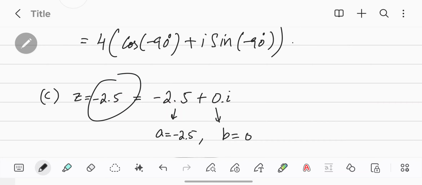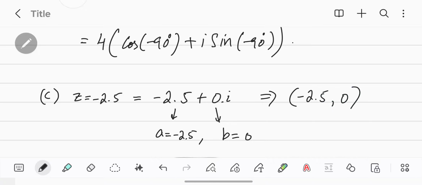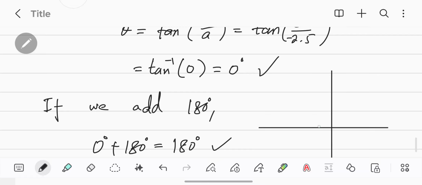Since our complex number is negative 2.5, comma 0, that means along the x-axis I have to go 2.5 units on the negative side, and along the y-axis I have to go nowhere.